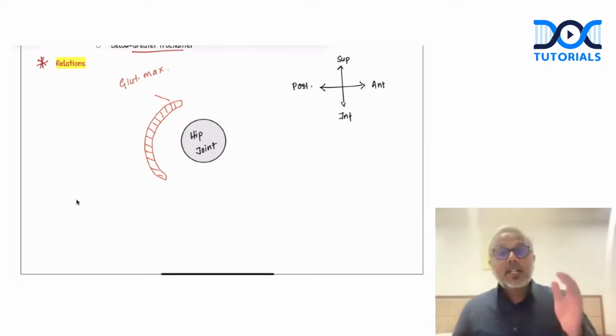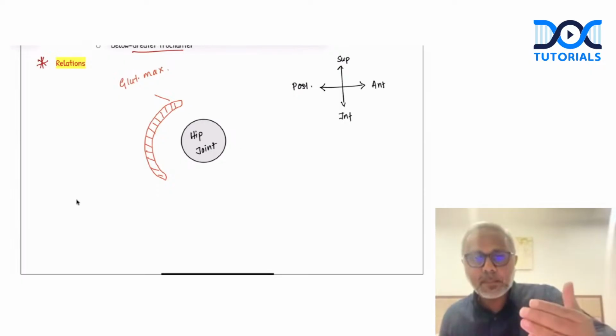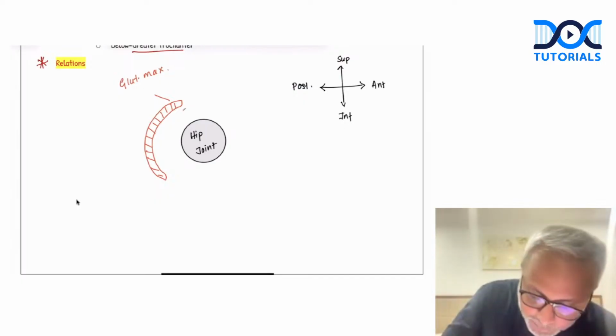Now, deep to the gluteus maximus, we have gluteus medius and minimus, but these are present in a more superior plane rather than posterior plane, right? So superiorly, we can write the gluteus medius and then the gluteus minimus.